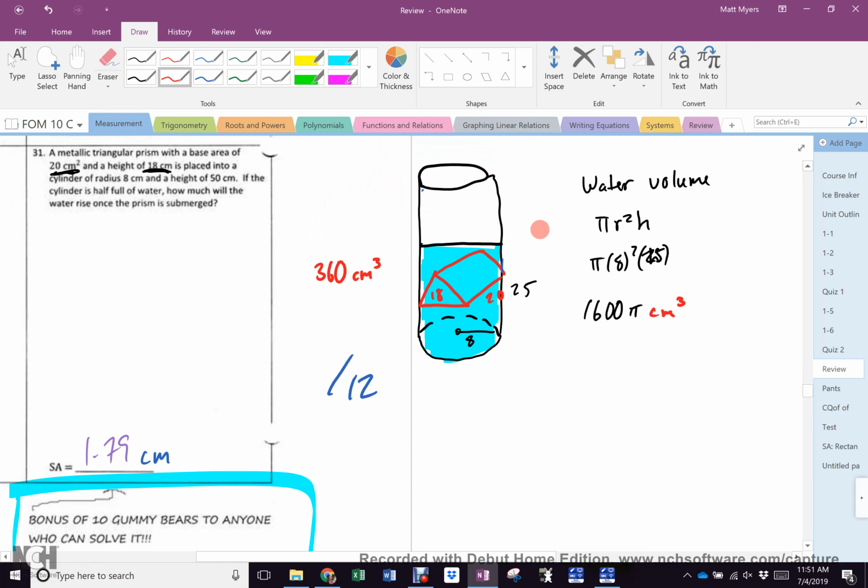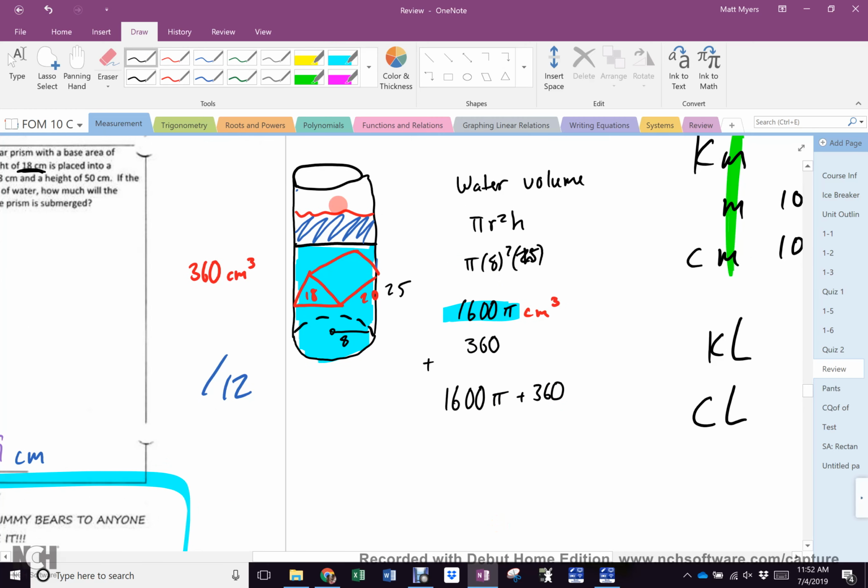What happens in the tub when you get in the tub? The water goes up, right? So this water is going to come up to here. Now, what is the volume of all of this water? Well, if this was my volume of the water, and I added 360 centimeters cubed of prism, then don't I have 1,600 pi plus 360 for the prism?